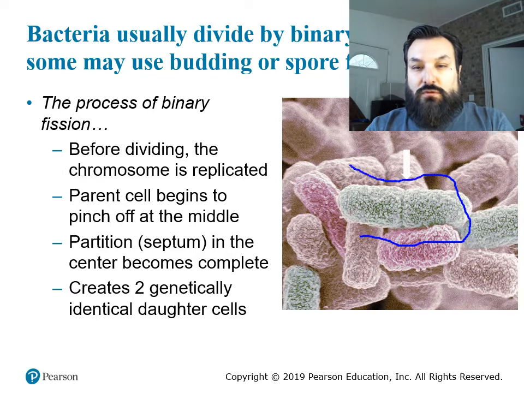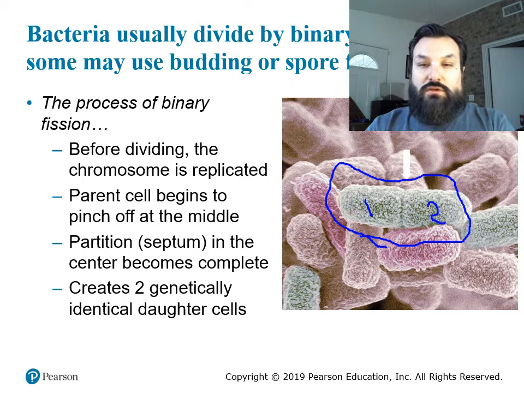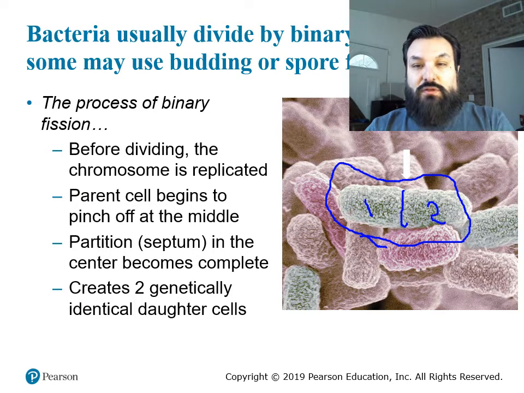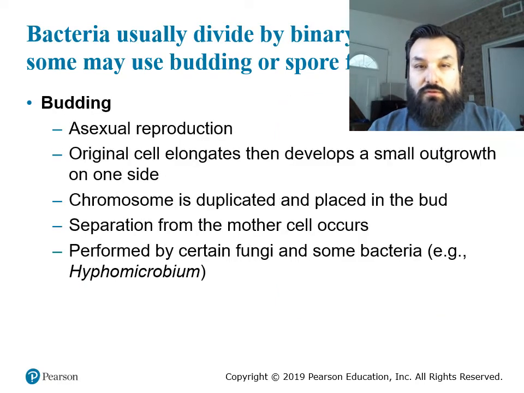So this is one E. coli, and actually not one, but two E. coli microorganisms, bacteria. And that arrow represents the dividing, the septum, if you will, dividing and creating two separate E. coli bacteria, right? So you see that there.